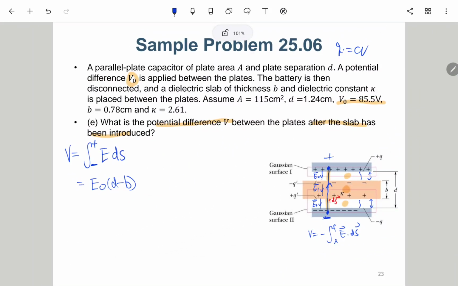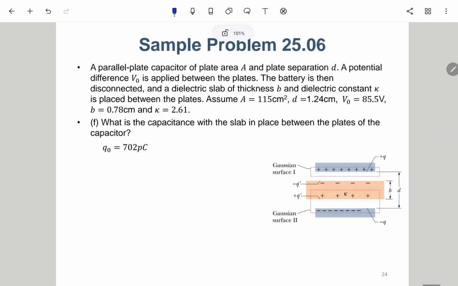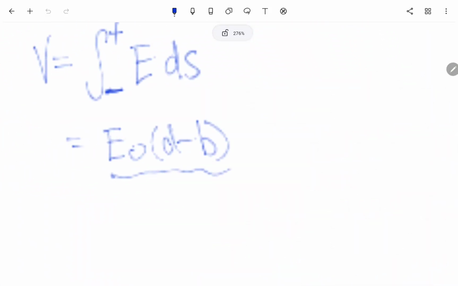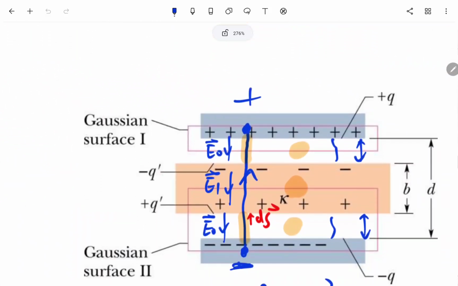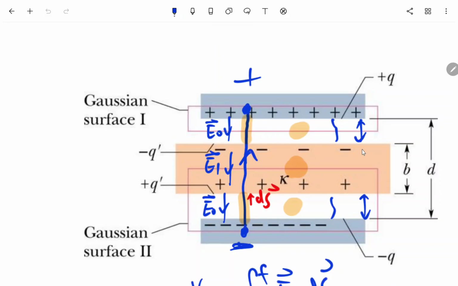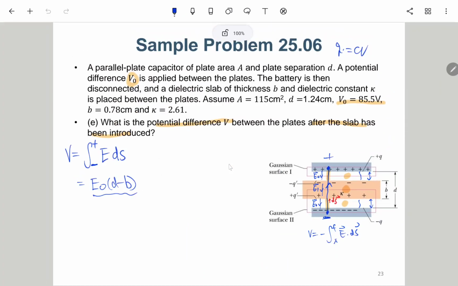For the middle part, the height here is B and the E field is E1, so we have plus E1 times B.